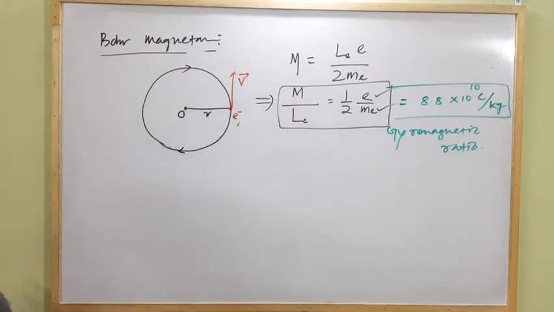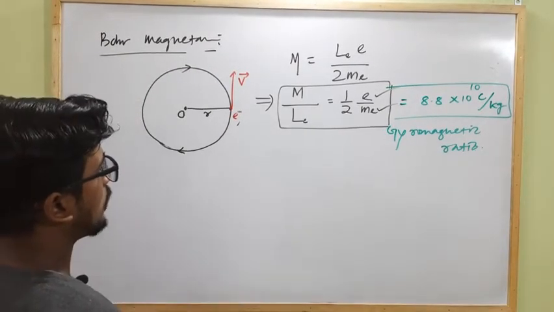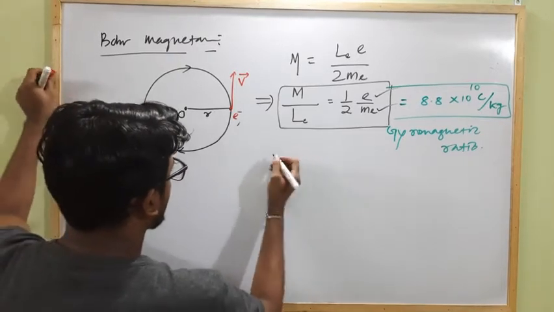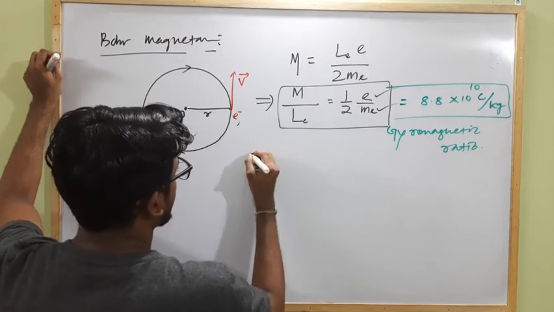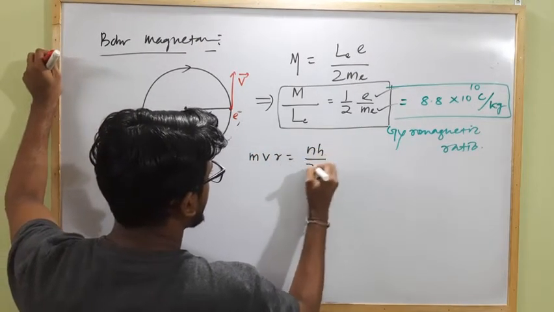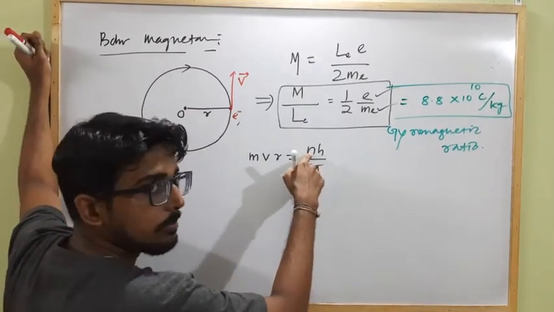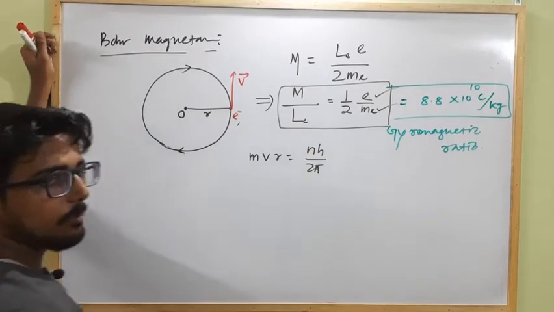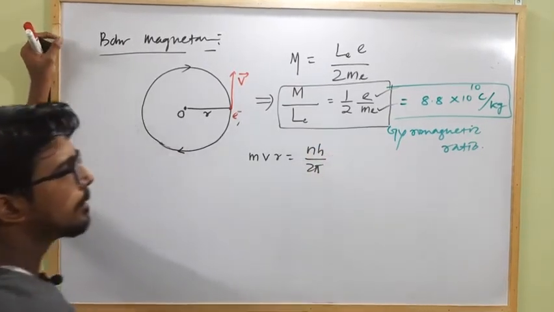Then, according to Bohr quantization of angular momentum, we know the total angular momentum of an orbit equal to mvr equal to nh by 2 pi is quantized. What is n? This is the principal quantum number of the orbit. h is Planck's constant, and we know 2 pi.